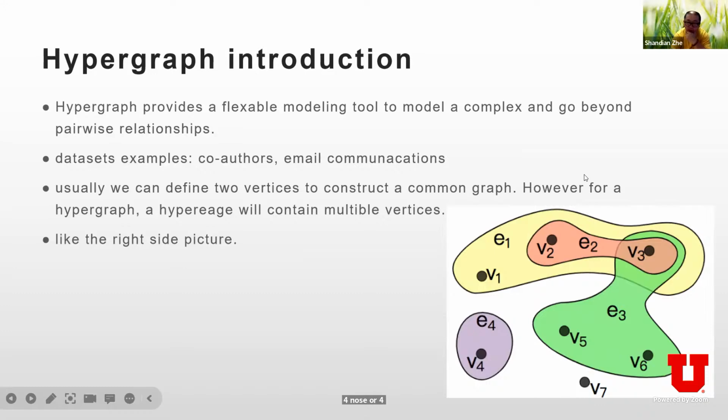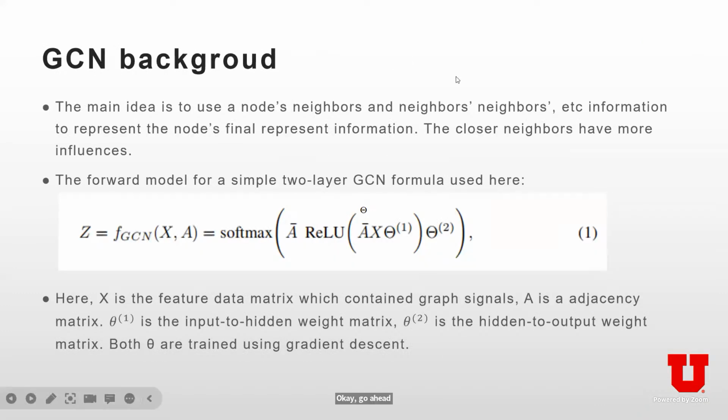Okay, go ahead. The graph convolutional network is an older paper from 2017. The forward model for the simple 2-layer GCN formula used in this paper applies an activation function, multiplies by theta 1 and then theta 2 and the adjacency matrix, and then applies a softmax.